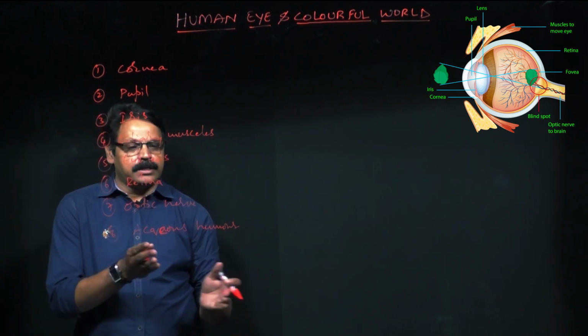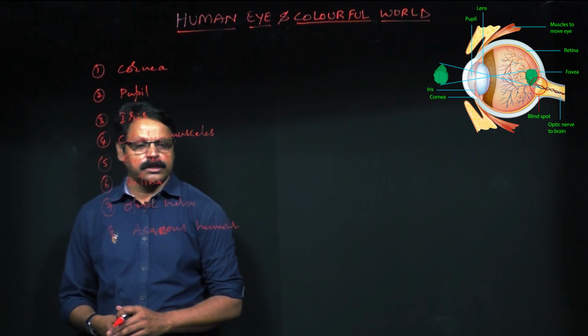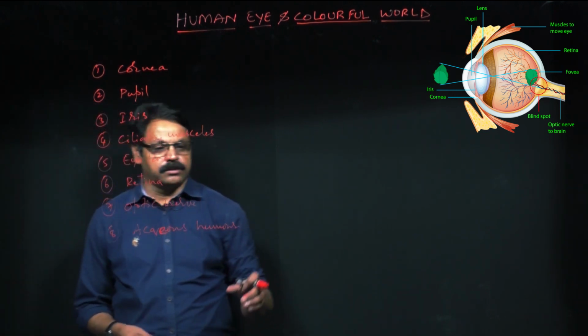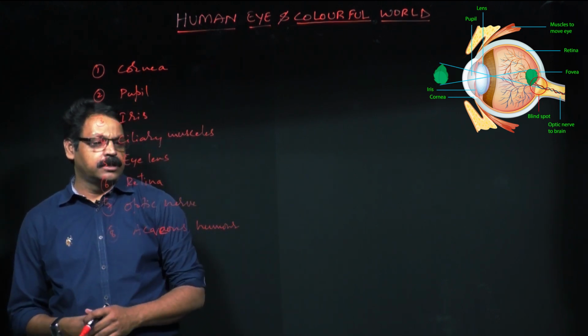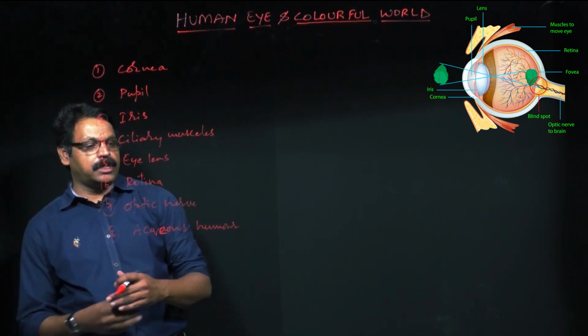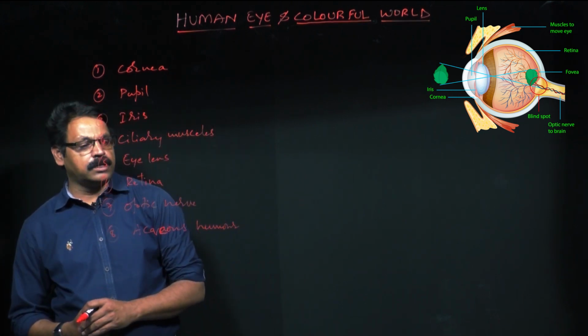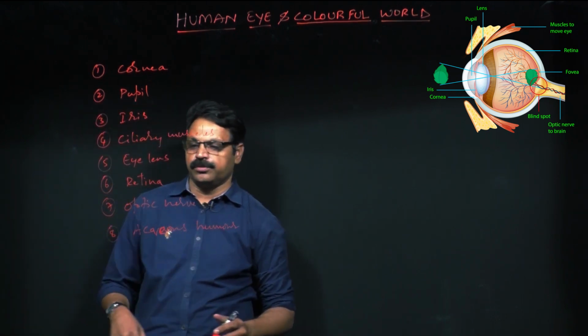It balances the pressures as well as provides nutrition for the central cornea and lens, because they don't have their own blood to carry nutrition. That is the reason the aqueous humor helps as a nutrient supplement for the cornea and crystalline lens. That is the aqueous humor.